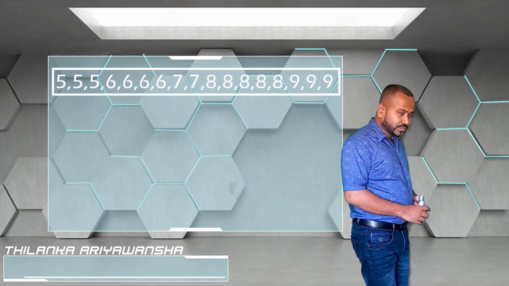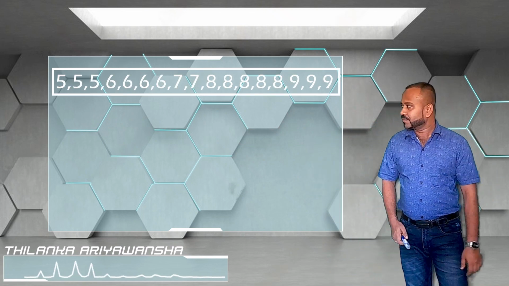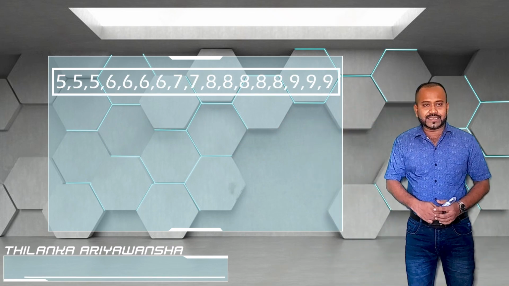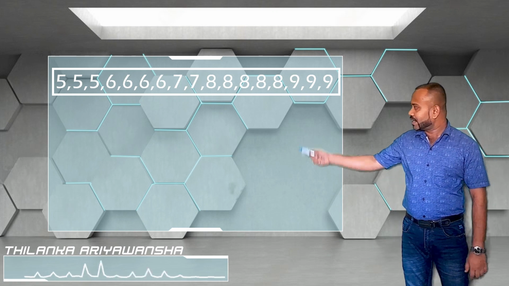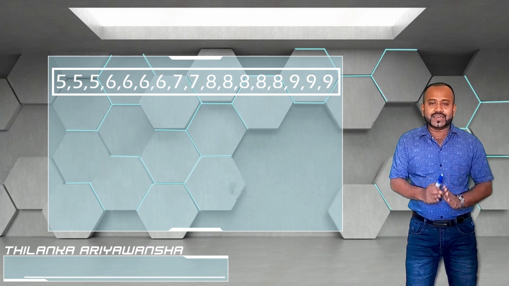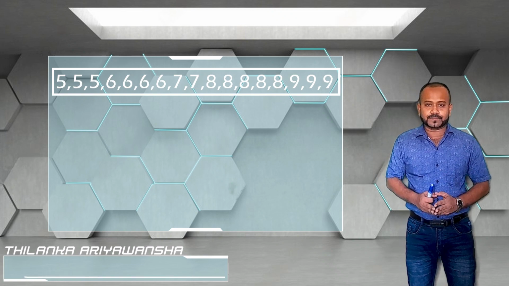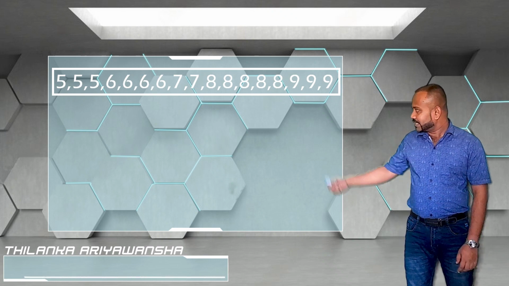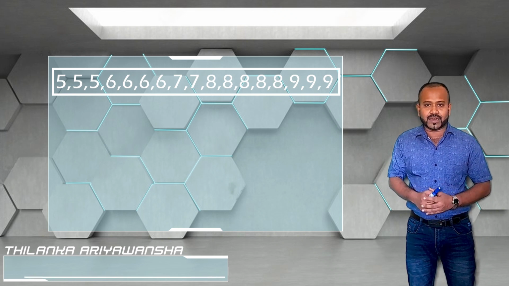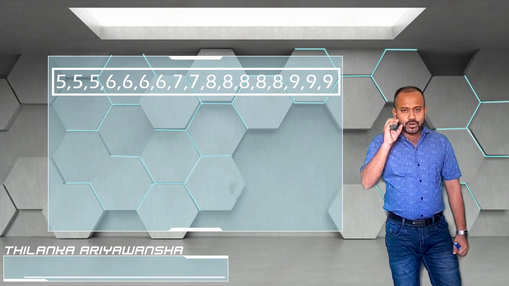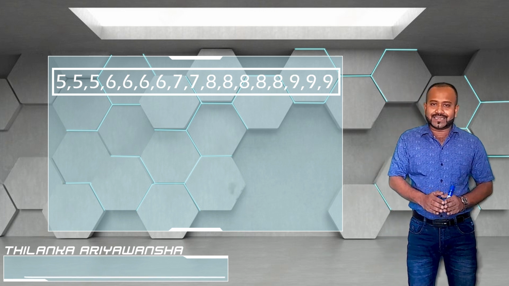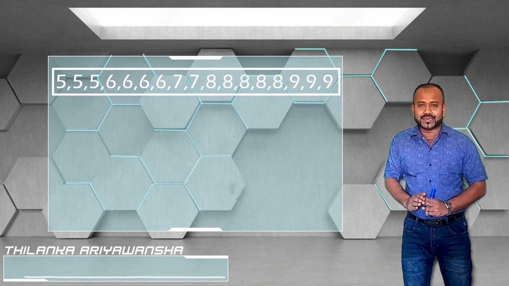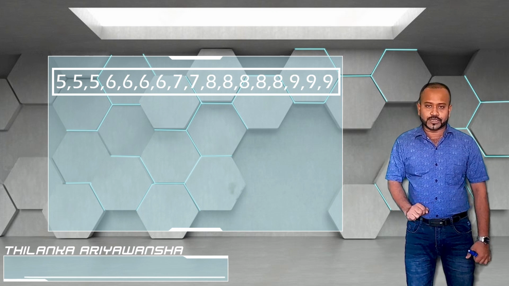First, you can see here I have given a set of data about the marks obtained by 17 students in a class. When we talk about mode, we know mode means the most occurring number in a frequency distribution.